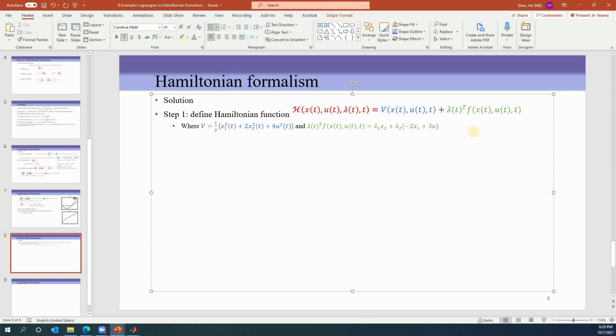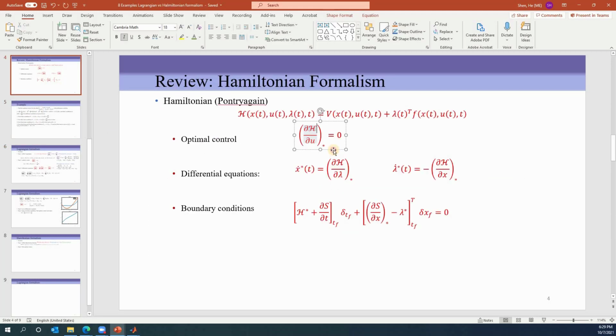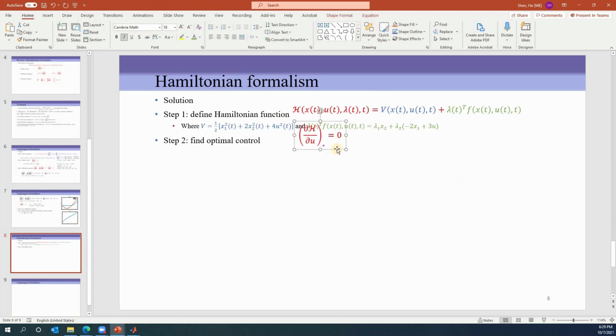So the second step is to find optimal control. We'll use partial h, partial u is equal to 0. That's how we find optimal control, right? Partial h over partial u. The first term is a function of u, right? This is a 2u squared, and we do partial derivative of that. That will give us a 4u. And the second term, we have a function of u, which is a 3 lambda 2.